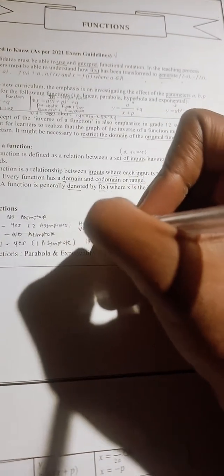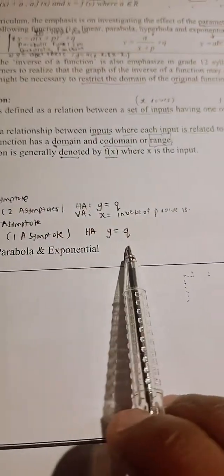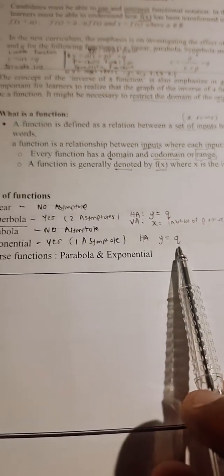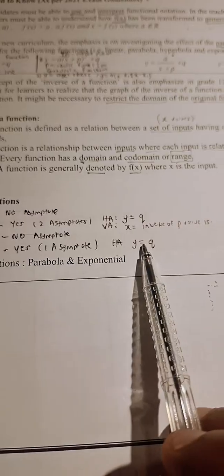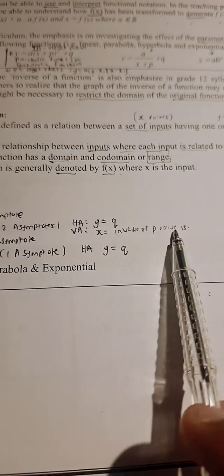There is one asymptote for an exponential function, and that one asymptote is simply the horizontal asymptote, which is usually given by y is equal to whatever the q value is. Now some of you are like, okay, what does this even mean? Q value, the inverse of p, right?